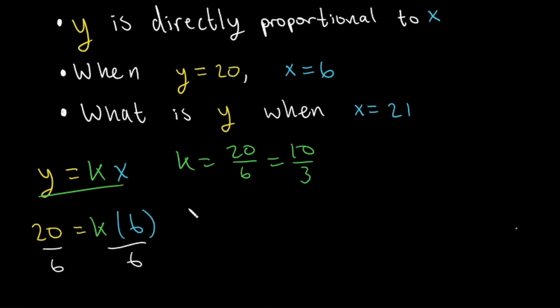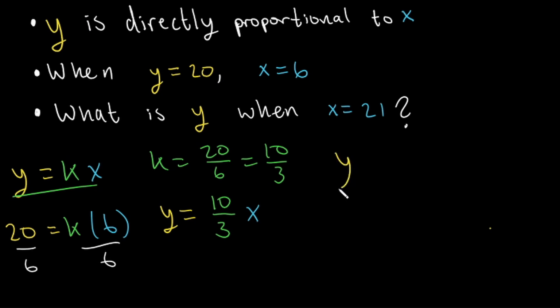So y is going to be equal to 10 thirds times x. And now let's look at our final bullet point, which asks us to find what y is equal to when x is 21. So we know x, so let's substitute that into our equation.